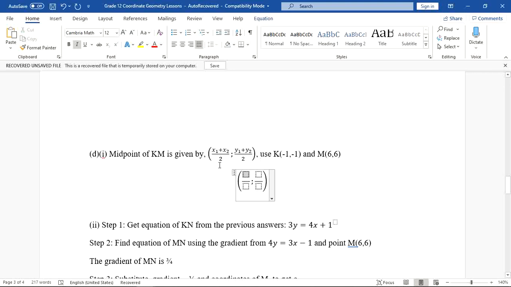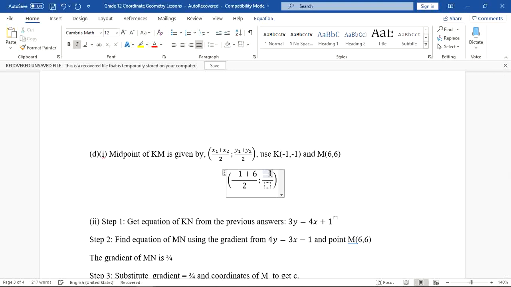So let's put in the x value, so that's -1 plus 6, divided by 2. The other one will be the same: -1 on top, then we add 6 as well, divide by 2.